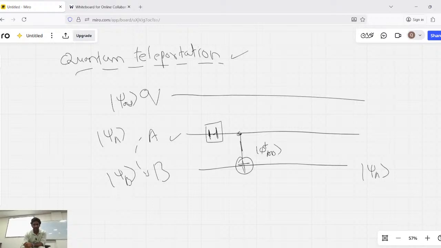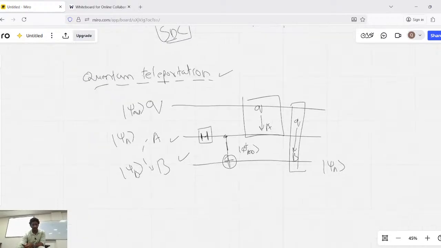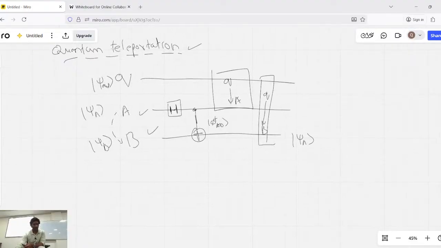First, A and B share an entangled qubit. That's my first case. Second case is I will perform some operations on Q and A, as well as some operations on Q and B. First case: A and B will share an entangled state.